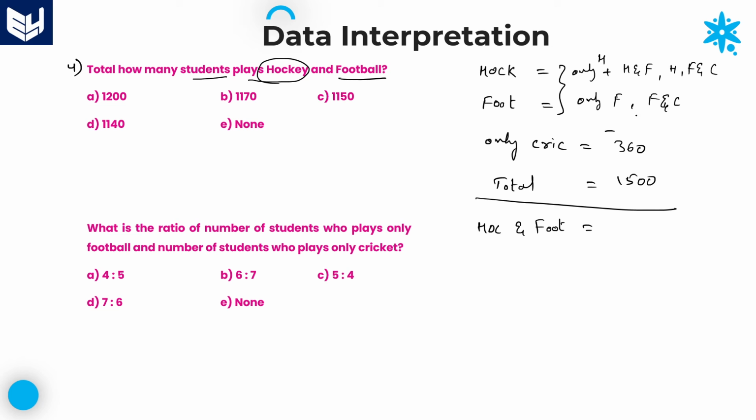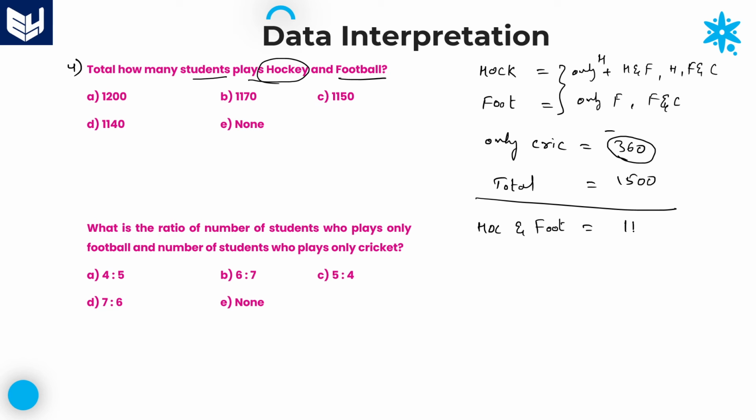But instead of taking all these five values, it is better to take only one value. If you subtract the only cricket value 360 from the total number of students, 1500, what is the resultant answer?